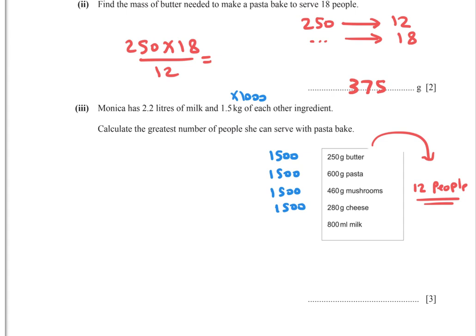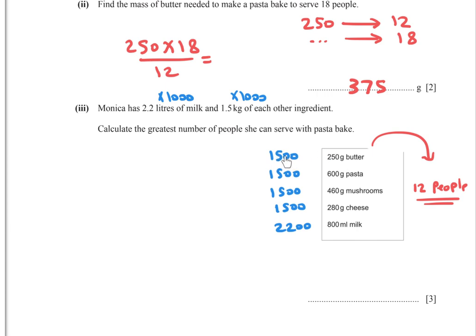But for the milk, we have 2.2 multiplied by 1000 to convert to milliliters, so 2200. Now we need to find the number of people we can serve with this ingredient.